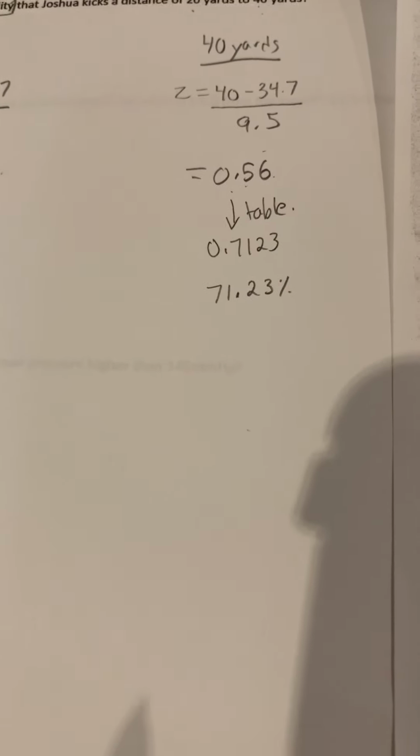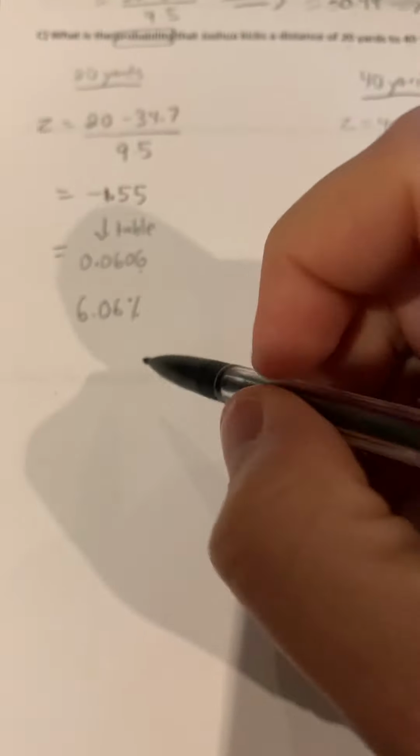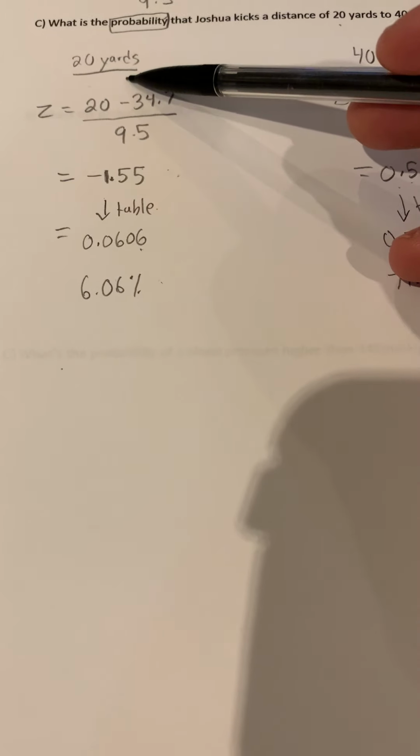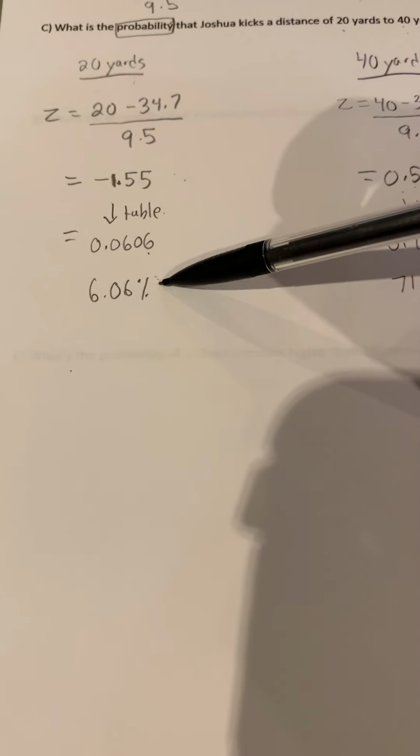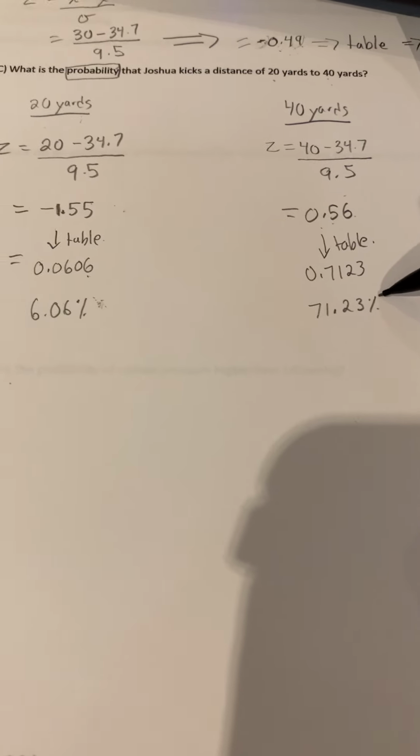Okay, so we're not finished just yet. So this percent tells us from 20 yards and less. This value here tells us from 40 yards and less. Okay, so think about it like this.